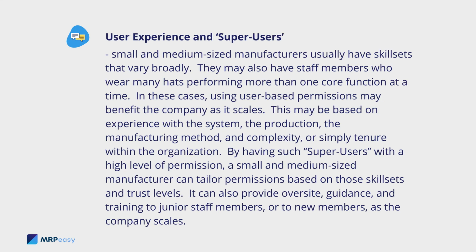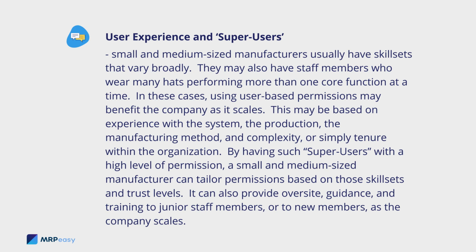User experience and super users. Small and medium-sized manufacturers usually have skill sets that vary broadly. They may also have staff members who wear many hats, performing more than one core function at a time. In these cases, using user-based permissions may benefit the company as it scales.